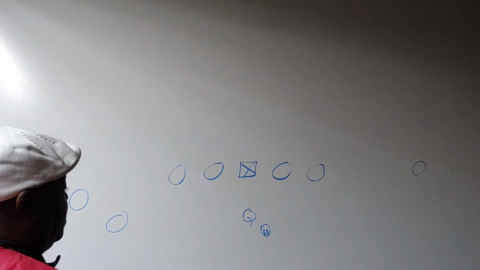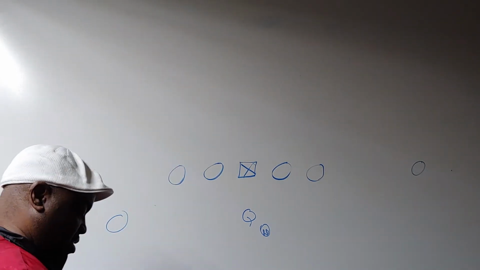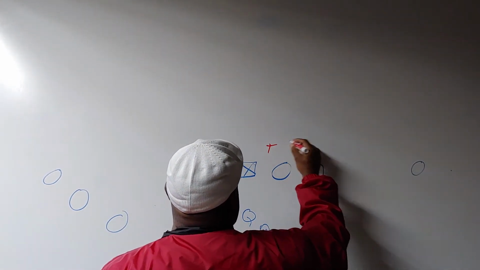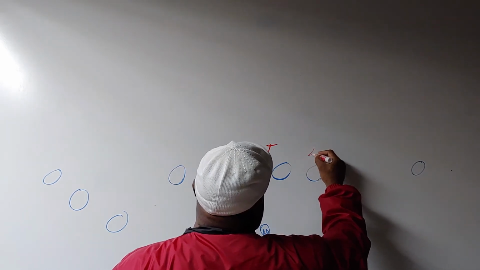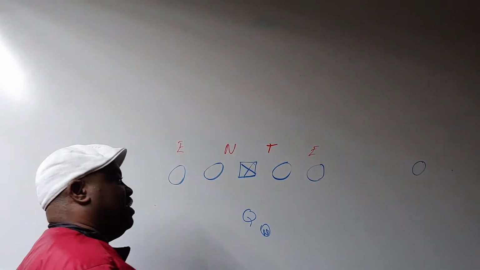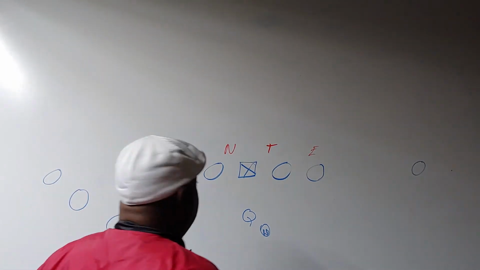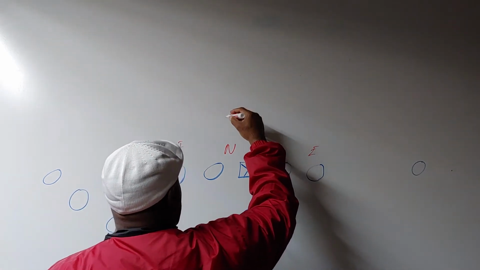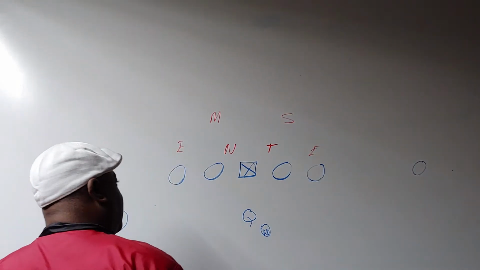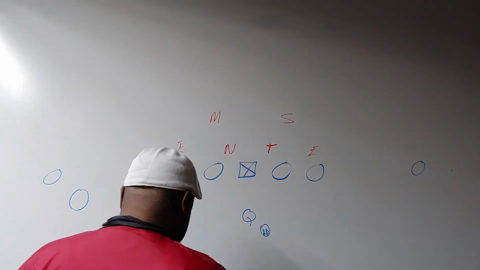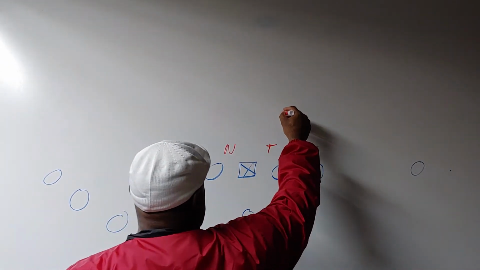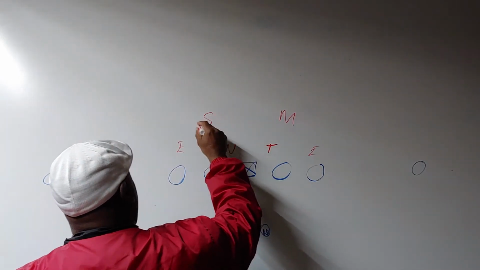Let's put a defense out here. Let's give a nose, a tackle over here, and usually we call 2 techniques, 3 techniques, 4. Let's give a middle linebacker, give a Sam. Or we'll put the middle linebacker on the other side and put the Sam over here.